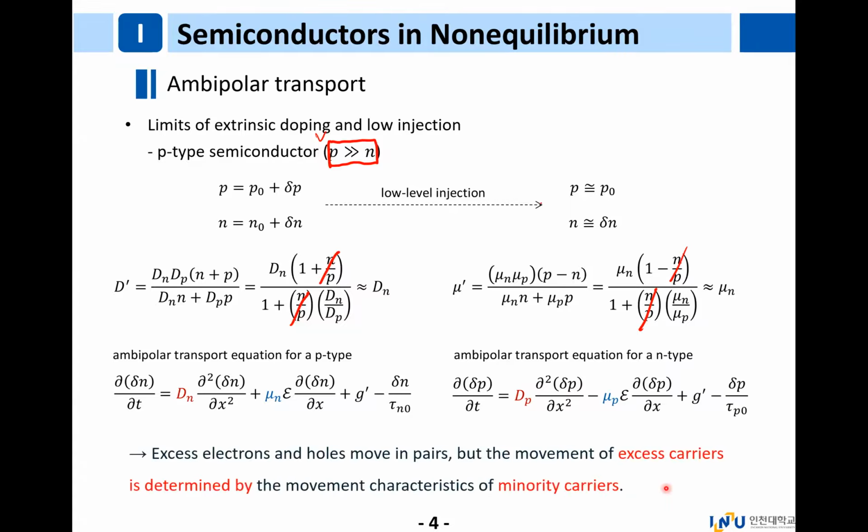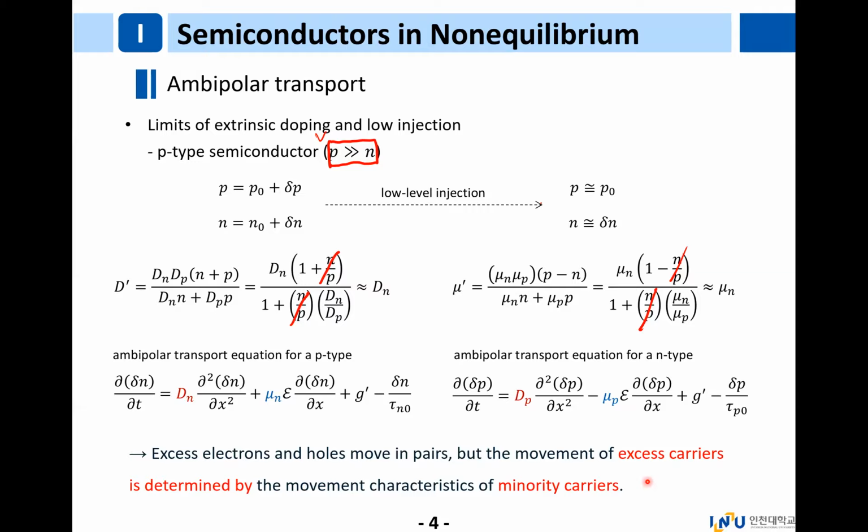So, in summary, in ambipolar transport, the movement of excess carriers consisting of electron and hole pairs is dictated by the characteristics of the minority carriers.